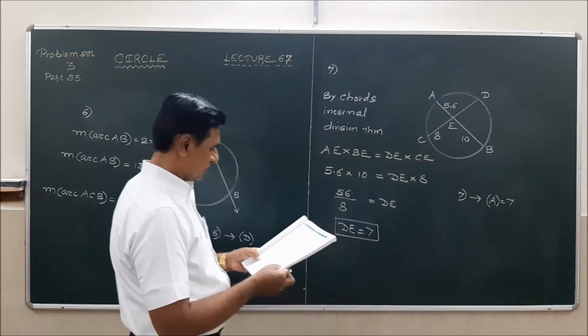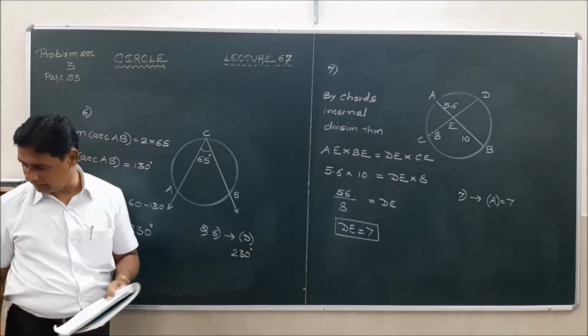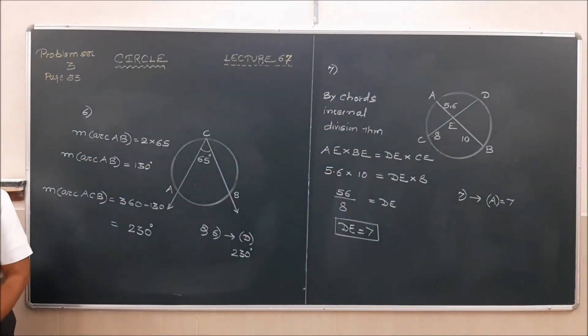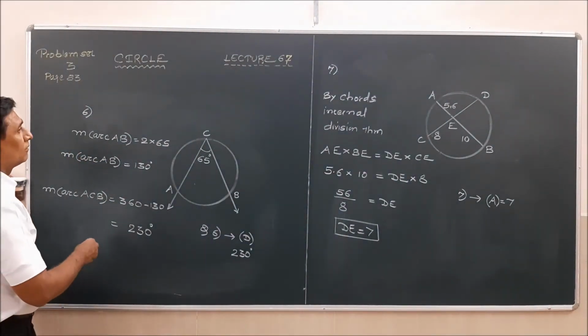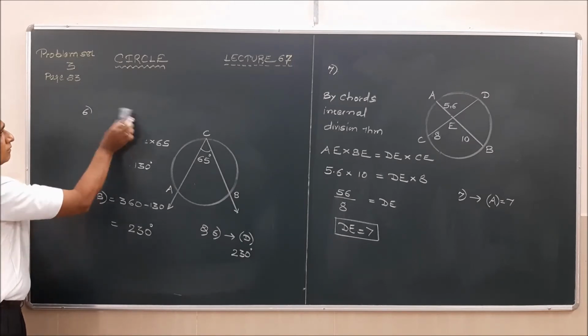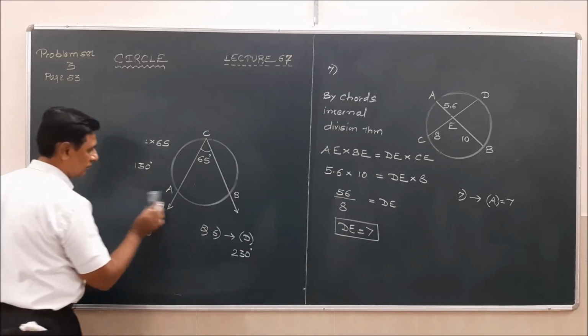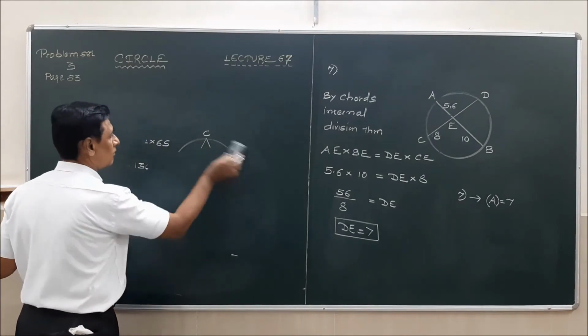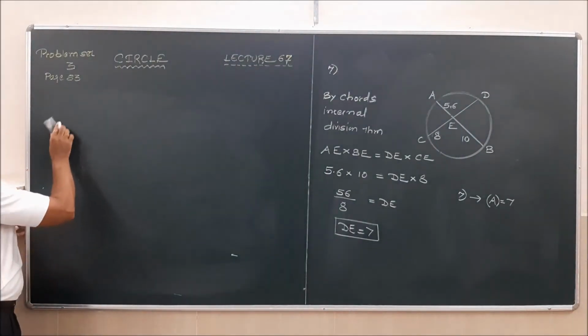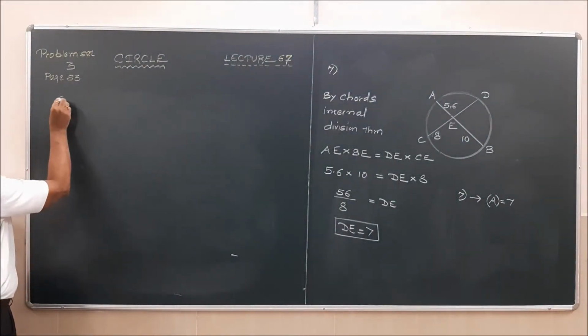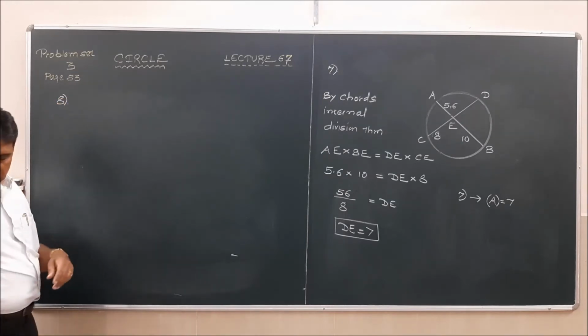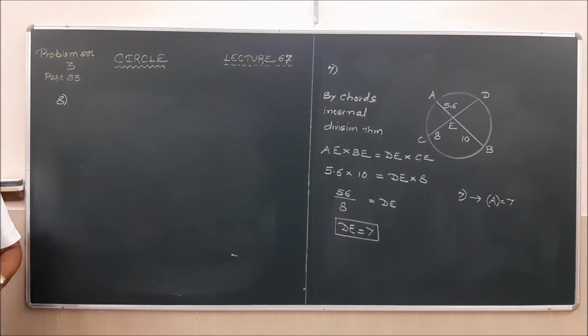Next to that is question number 8. Please try to understand this question carefully. In question number 8, quadrilateral ABCD is a cyclic quadrilateral.